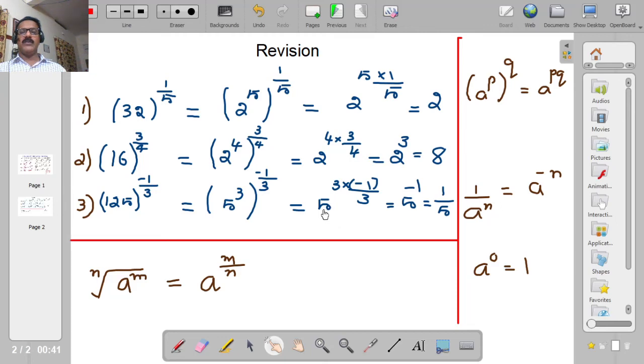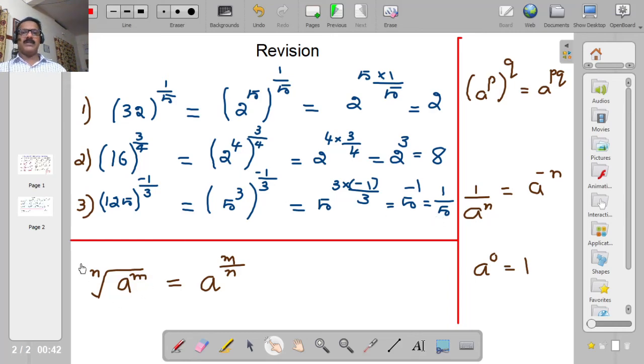Instead of a we have 5, instead of p we have 3, and instead of q we have negative 1 upon 3. A is equal to 5, p is equal to 3 and q is equal to negative 1 upon 3. So a raised to p the whole raised to q is equal to a raised to pq. So 5 raised to 3 times minus 1 upon 3. This 3 and 3 will get cancelled, resulting in 5 raised to minus 1, which is equal to 1 upon 5.